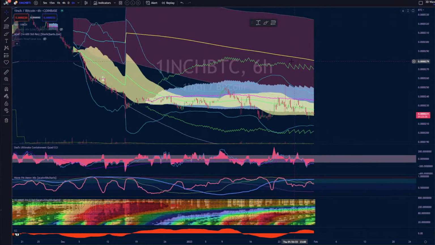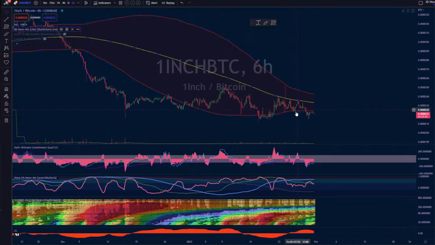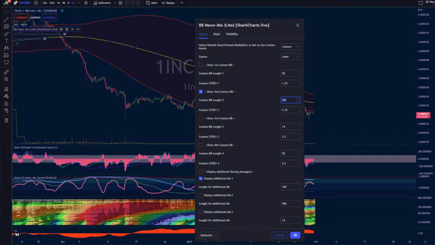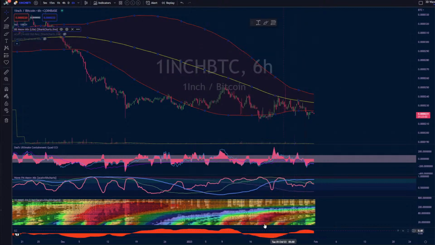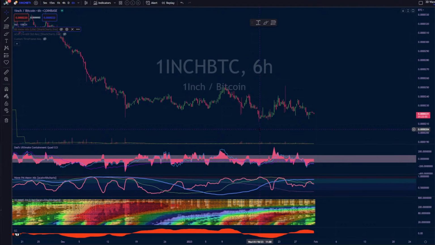Yeah, so 400. It's maxing out, so we have to manually define this. 200. Sorry, 400. Yeah, so that is active. Same scenario.